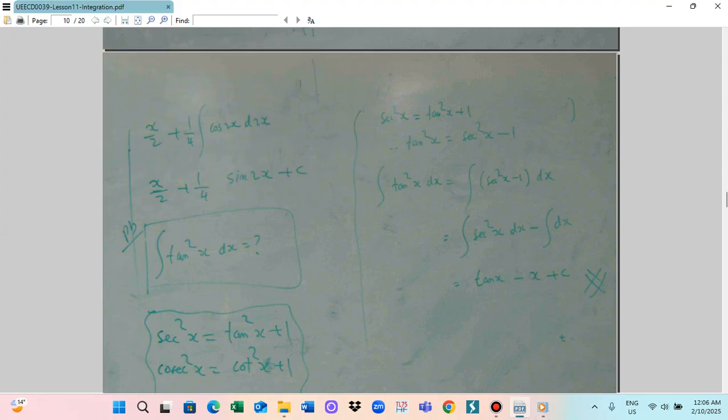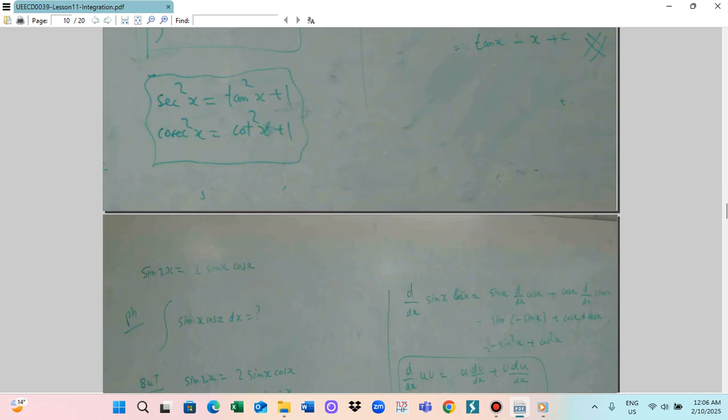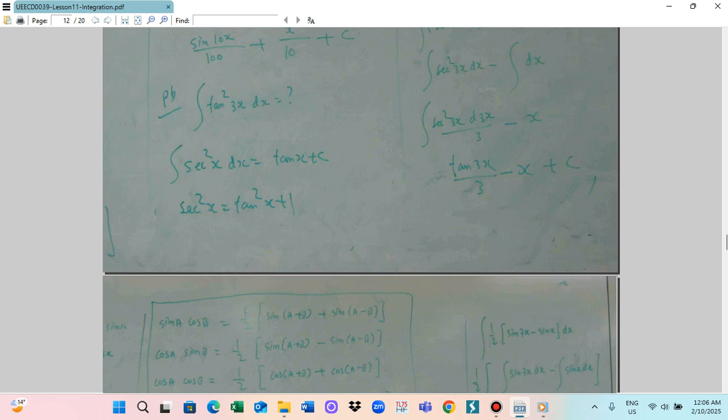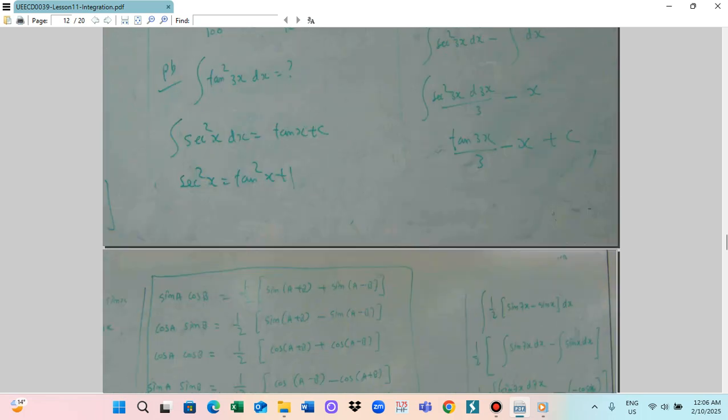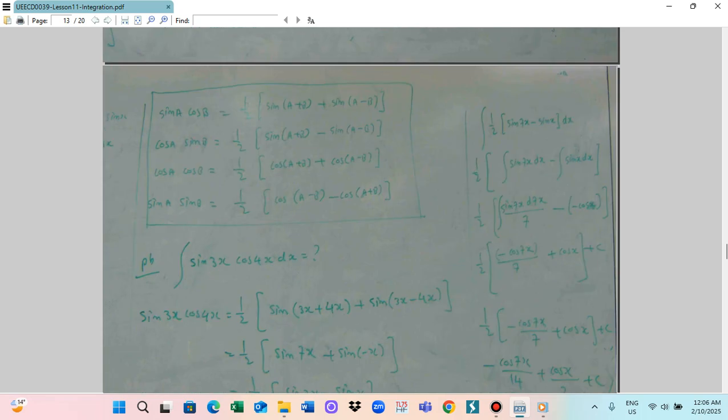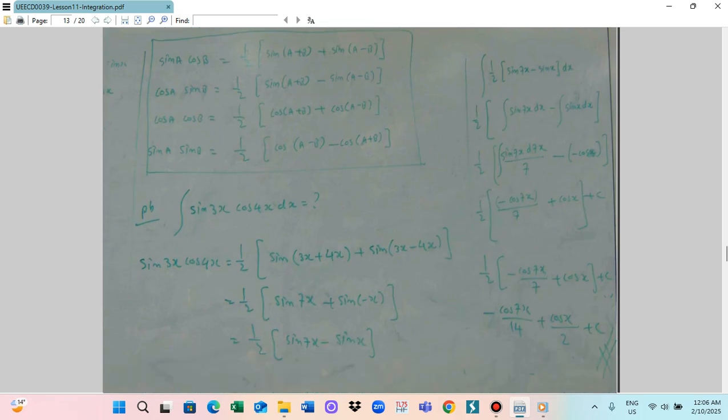To solve the next one, we have to refer to the previous trigonometric formulas. You know sin A cos B is equal to half into sin(A plus B) plus sin(A minus B).